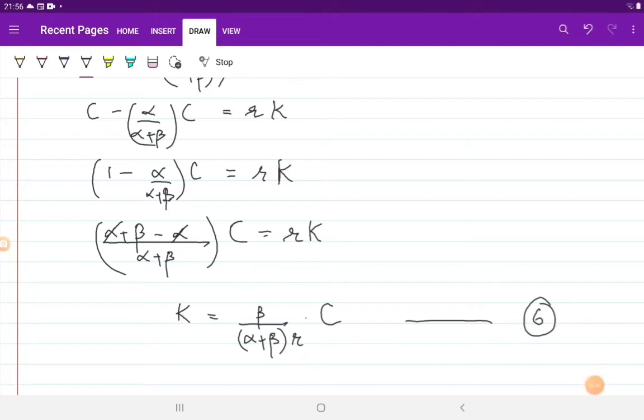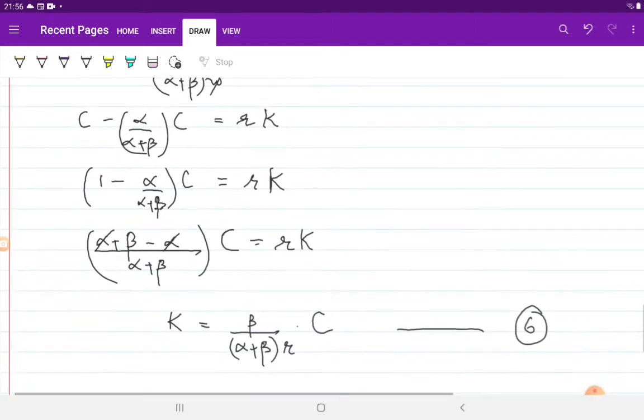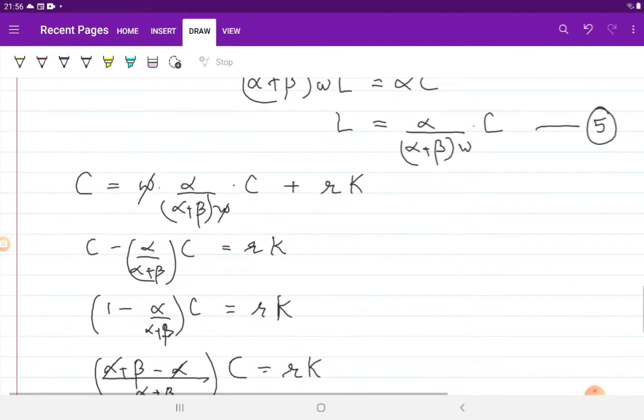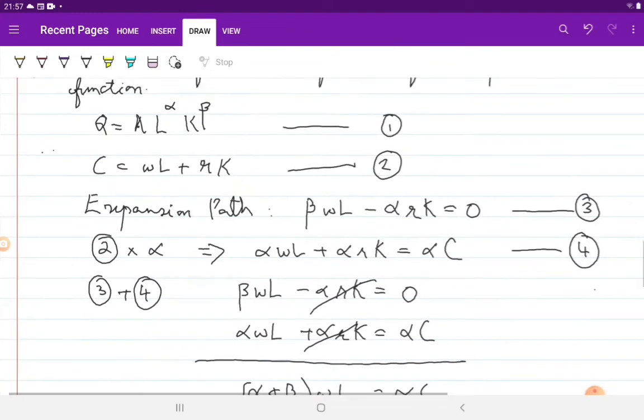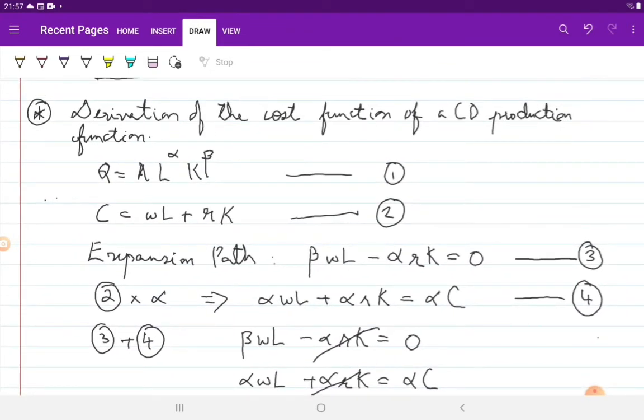My final step is to use relation 6 where K is expressed in terms of C, and relation 5 where L is expressed in terms of C, and substitute it into my first equation, which is the production function.